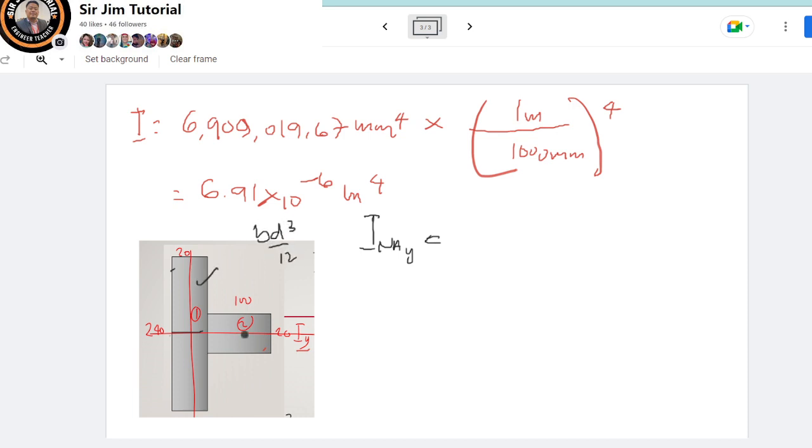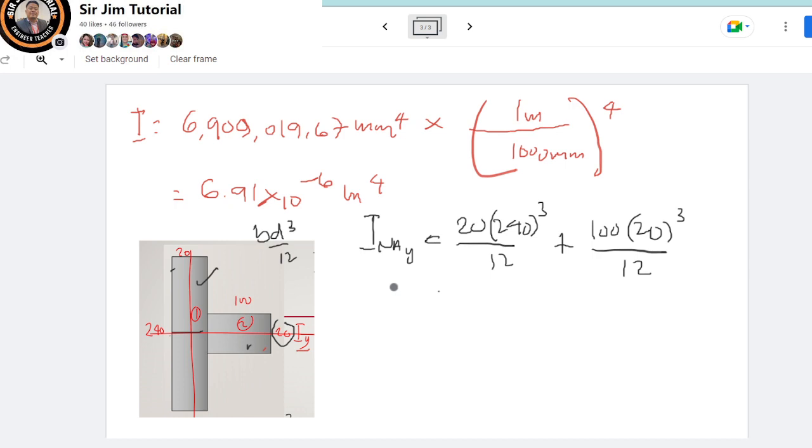This is a rectangle and this is also a rectangle. First here, b is 20, d is 240 cubed over 12. There's no need of transfer, as I said, because the centroid of area 1 is exactly the same as the centroid of the whole section. Plus this one, b is 100, d is 20 cubed over 12.